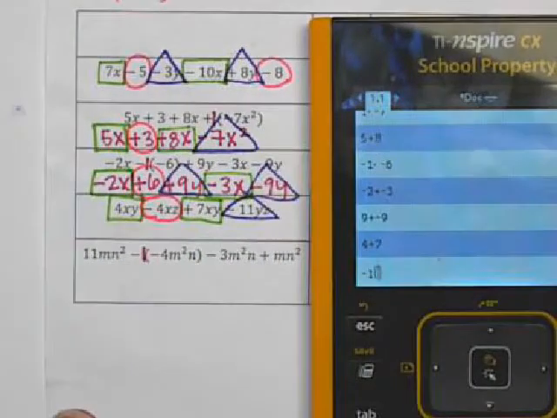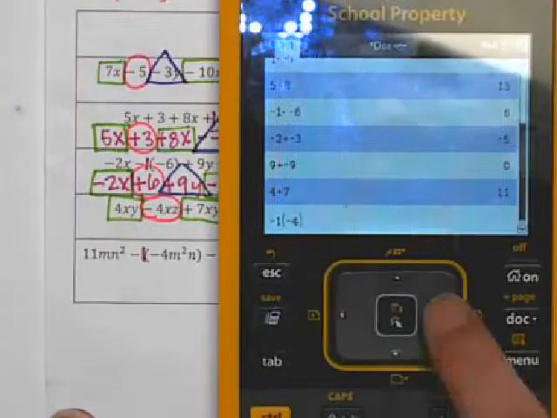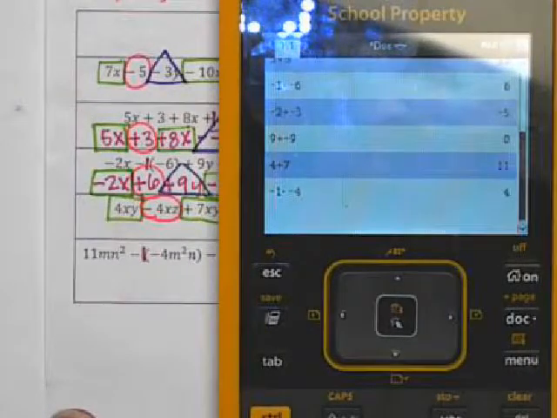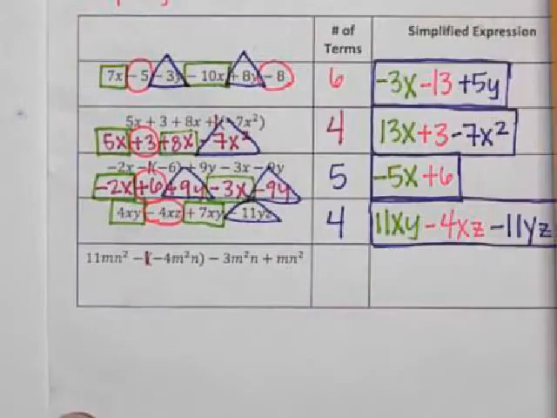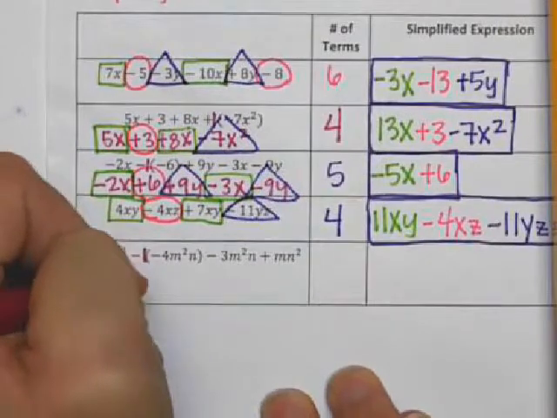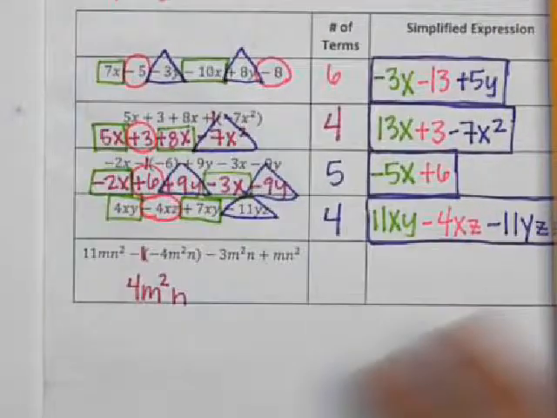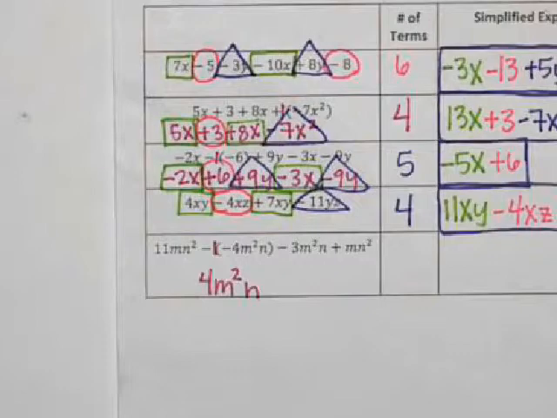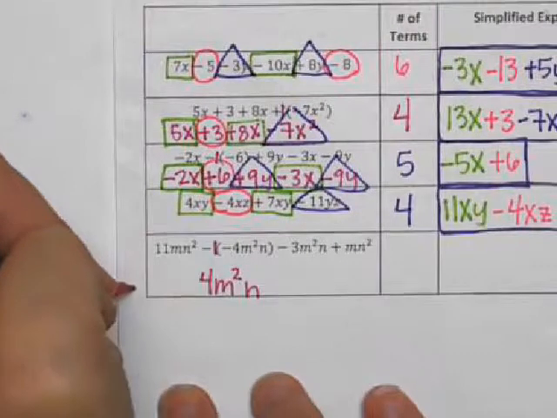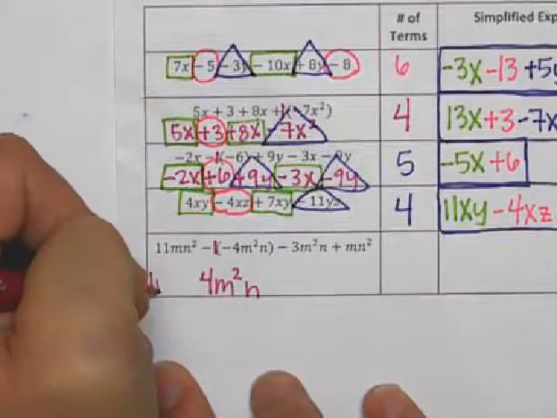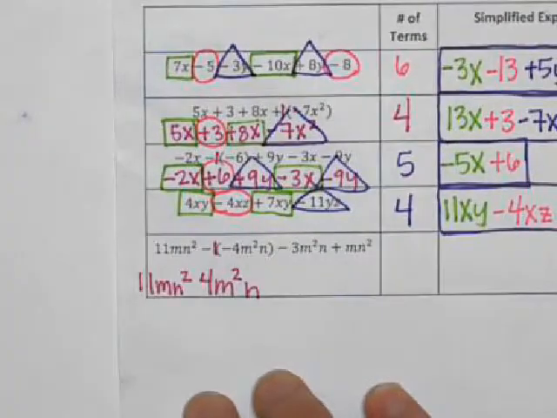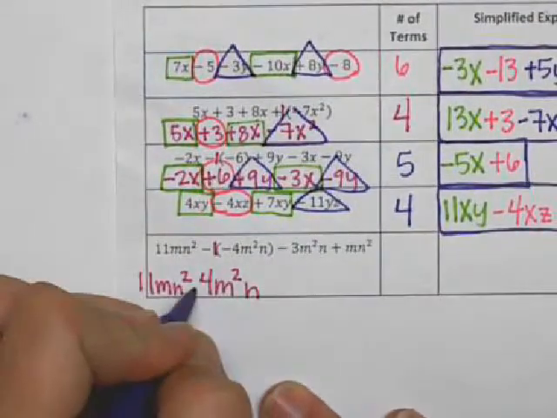So -1 times -4 in my calculator gives me +4. So I'm going to write +4 n squared n. Okay? And I'm going to bring everything else down. So 11 n squared. And that's going to be a plus sign right here.